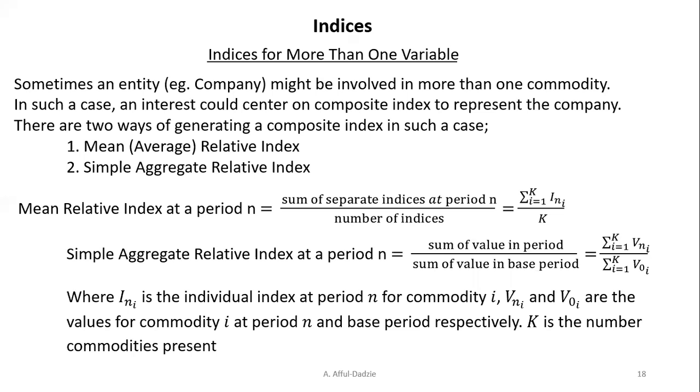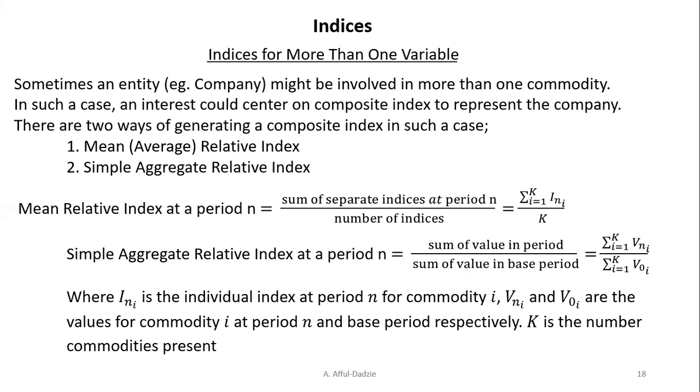So there are two methods that we are going to use for computing the index numbers for more than one variable. The first is the mean or average relative index, and the second is the simple aggregate relative index.